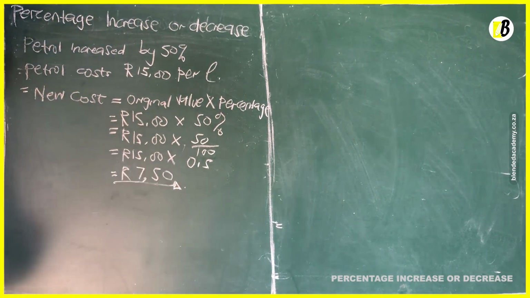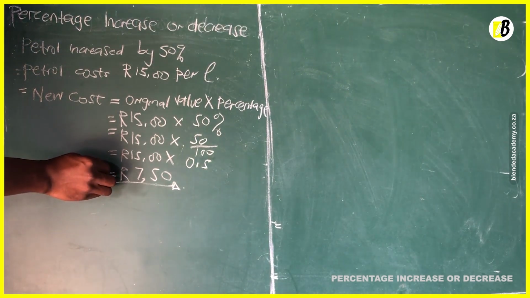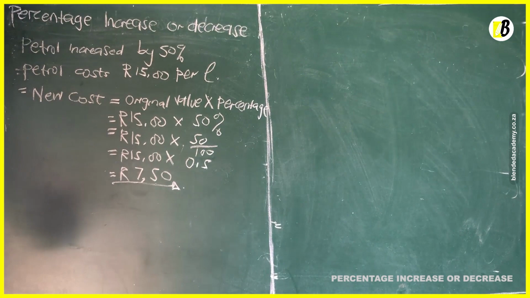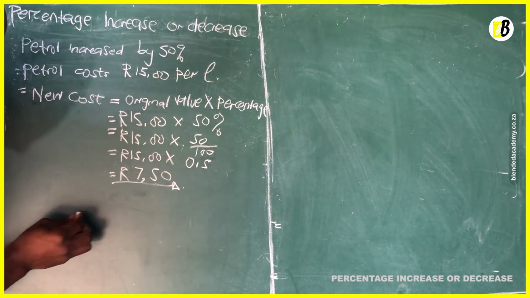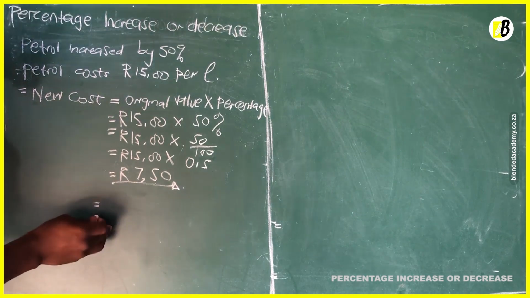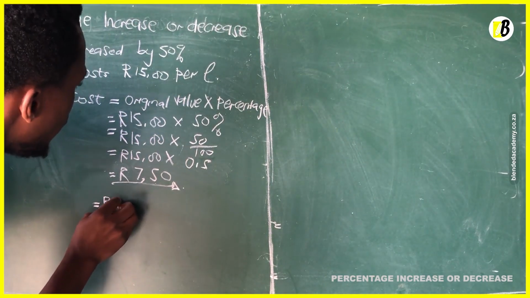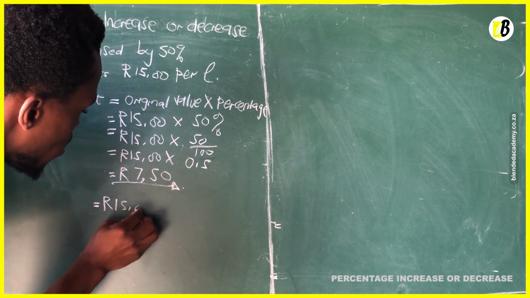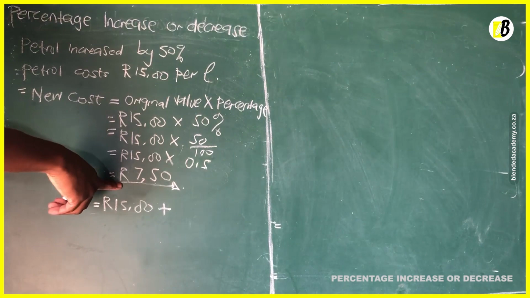What is this 7 Rand? The 7 Rand is the value from the percentage, right? So now what is the new cost? It means that we have to add the original value of 15 Rand plus the value from the percentage.